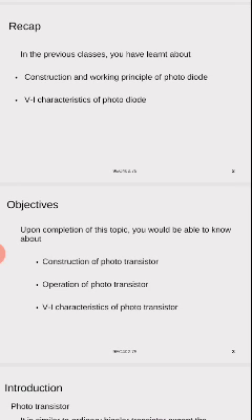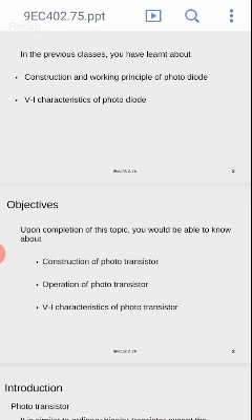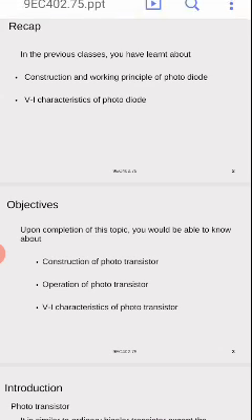The phototransistor is the same as a normal BJT. It has three layers, two junctions, and three terminals. This one also is the same, having three layers, two junctions, three terminals.